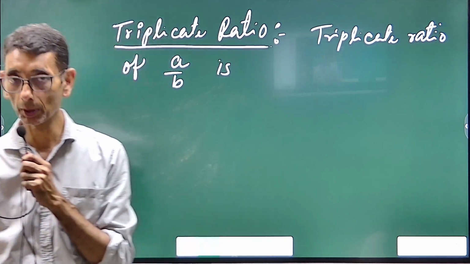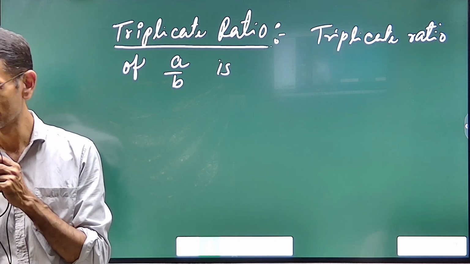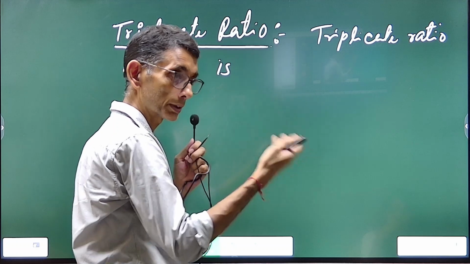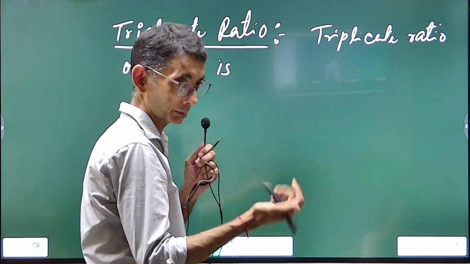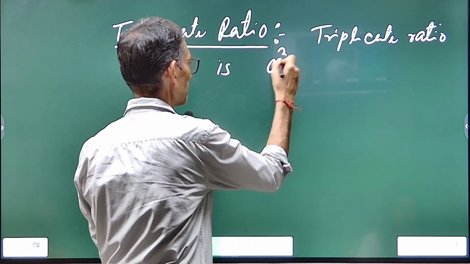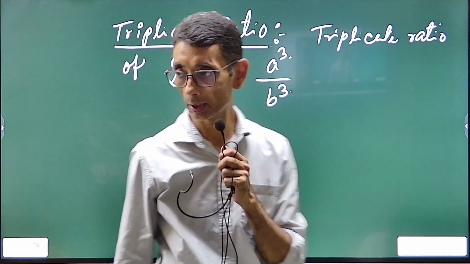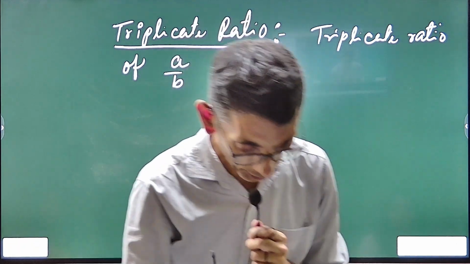You multiply A by B 3 times. When you multiply 3 times, it is A into A into A by B into B into B. So you get A to the power 3 by B to the power 3, A cube by B cube.